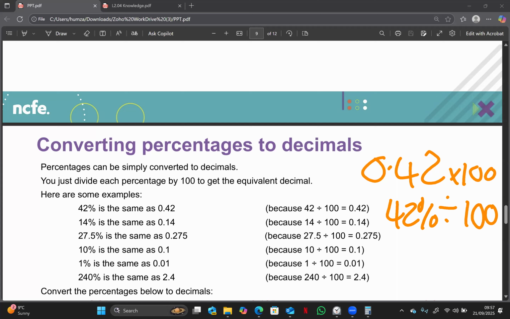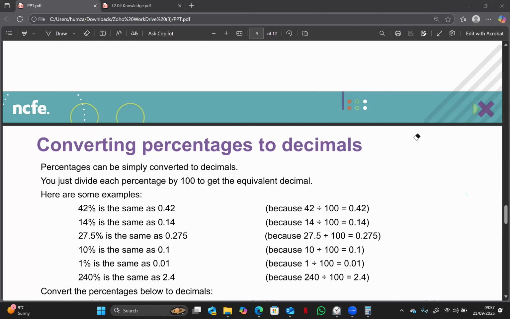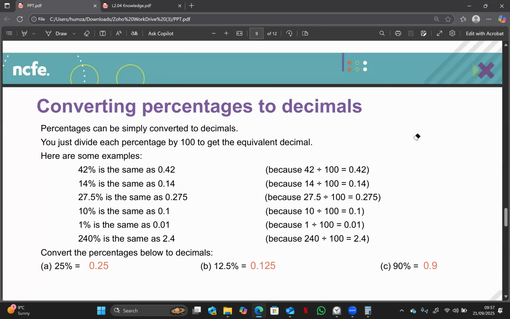So for these questions, we'll quickly do them because it's not too hard. Let me just cross the answers out. I don't know why they've got the answers available. They shouldn't have this. So how would we do the first one? 25%. Convert it into a decimal.